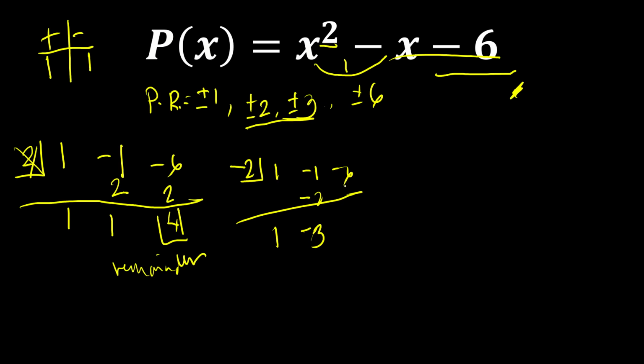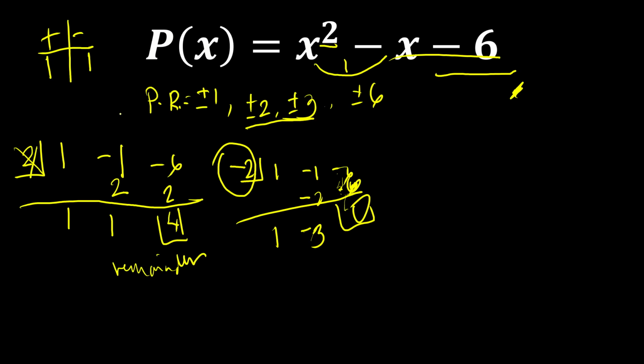Negative 3 times negative 2 is positive 6. So, negative 6 plus 6 ay 0. So that means si negative 2 is one of the correct answers.